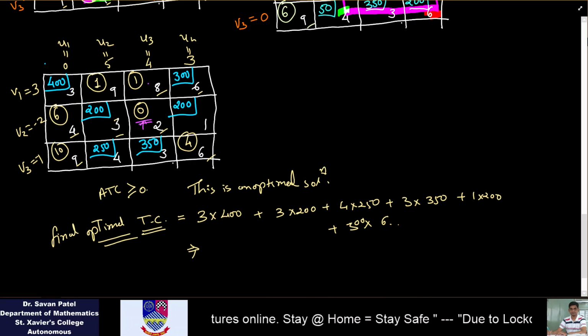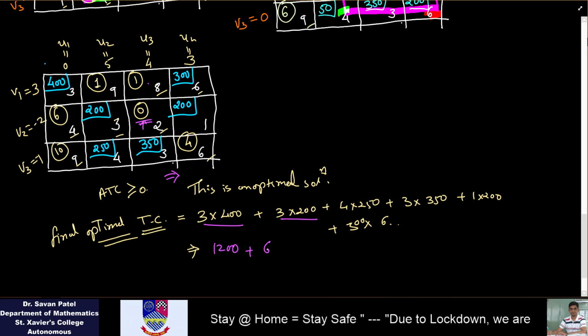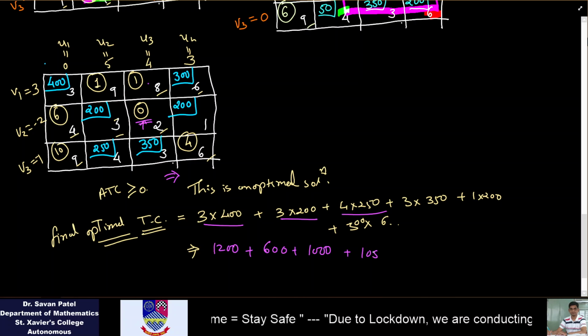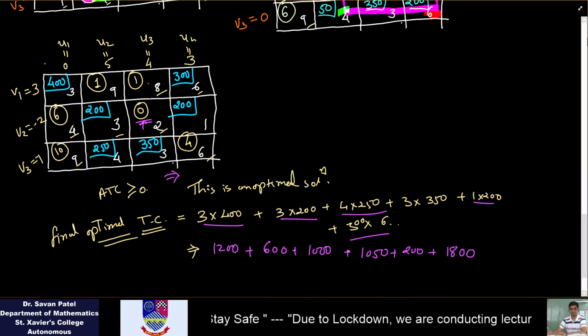First of all, we will identify this solution's transportation cost. That transportation cost is here 3 times 400, that is 1200, plus this is 600, plus this is 500 and 1000, plus this is 1050, plus this it is 200, plus this 1800.